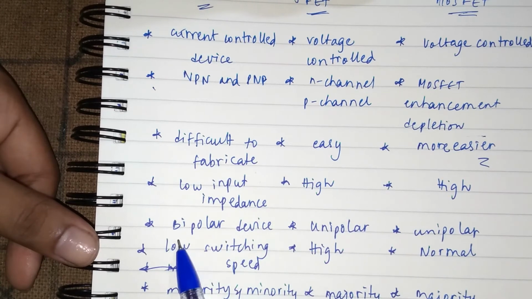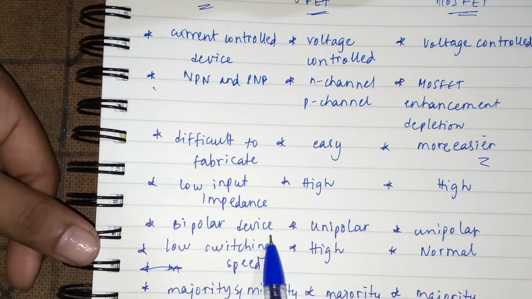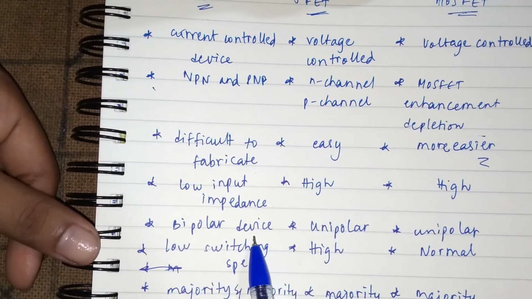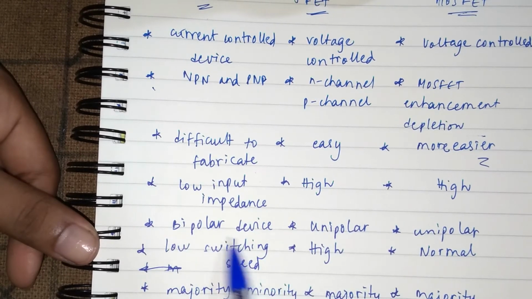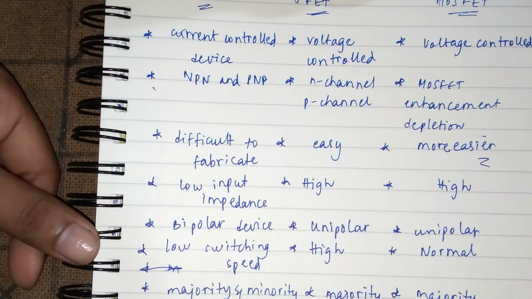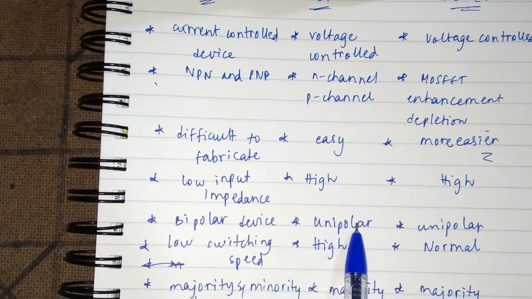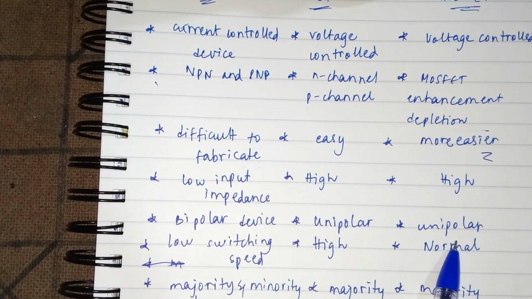We already know that the BJT is a bipolar device. We know why it's called a bipolar device, because it depends on both majority and minority charge carriers, which is what we have stated in another point. And the JFET and MOSFET are unipolar.